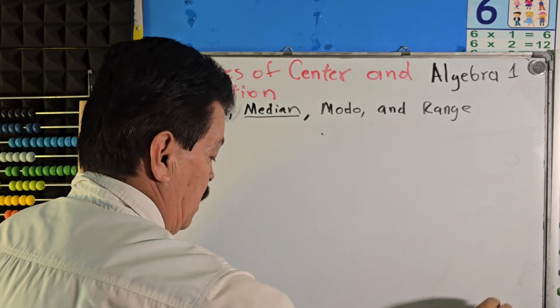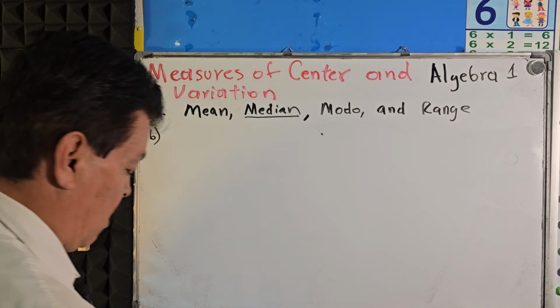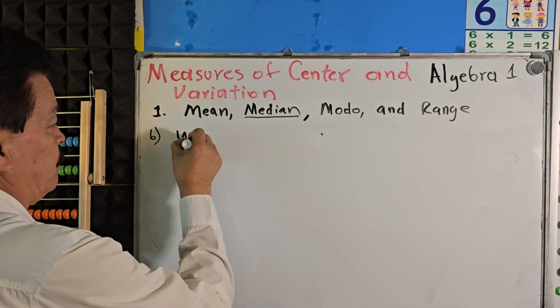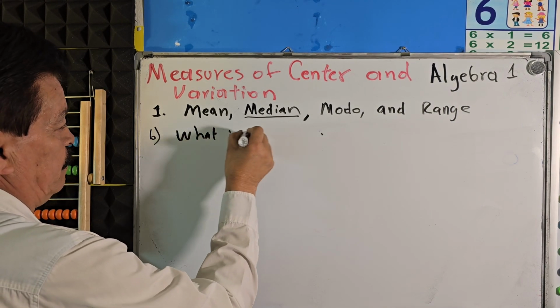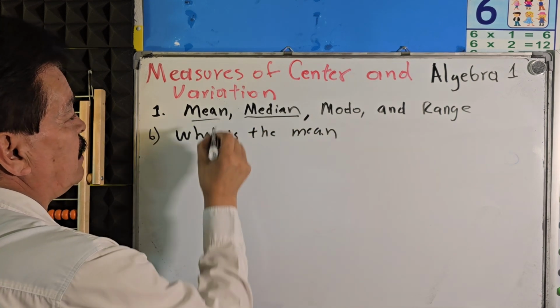Okay, let's go to question number 2. Now we have to write what the mean is. So where is the mean?